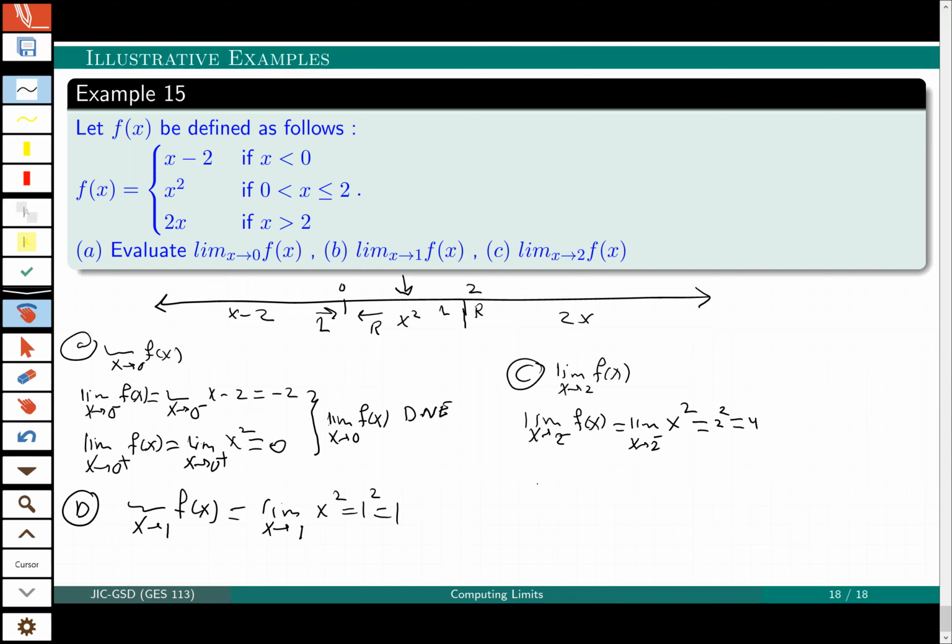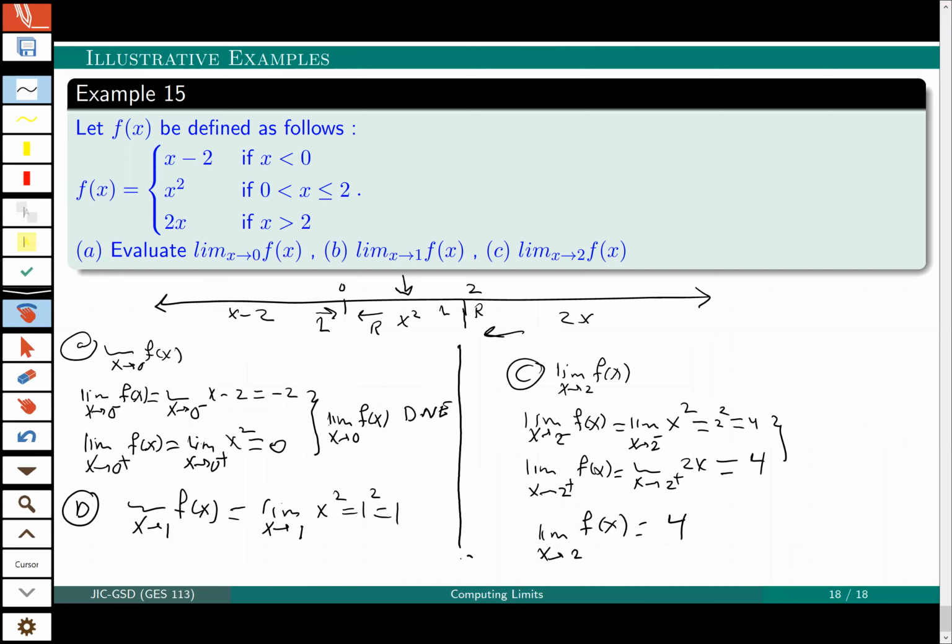And the limit when x goes to 2 from right, if I approach 2 from right, it's 2x. So it's 2 times 2, which is again 4. Since they are equal, we could conclude the limit when x goes to 2 for the function f of x is equal to 4.